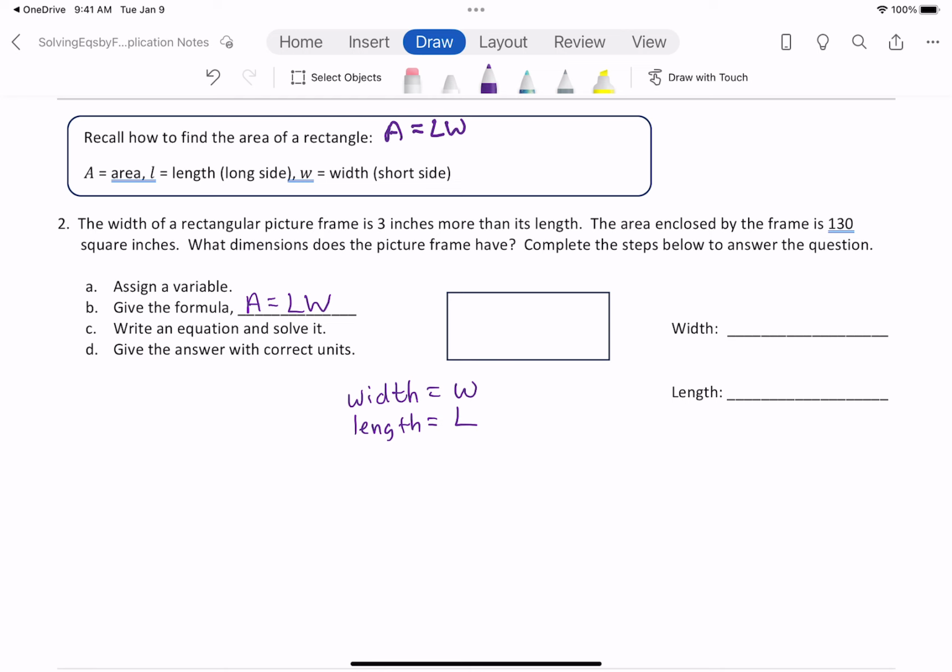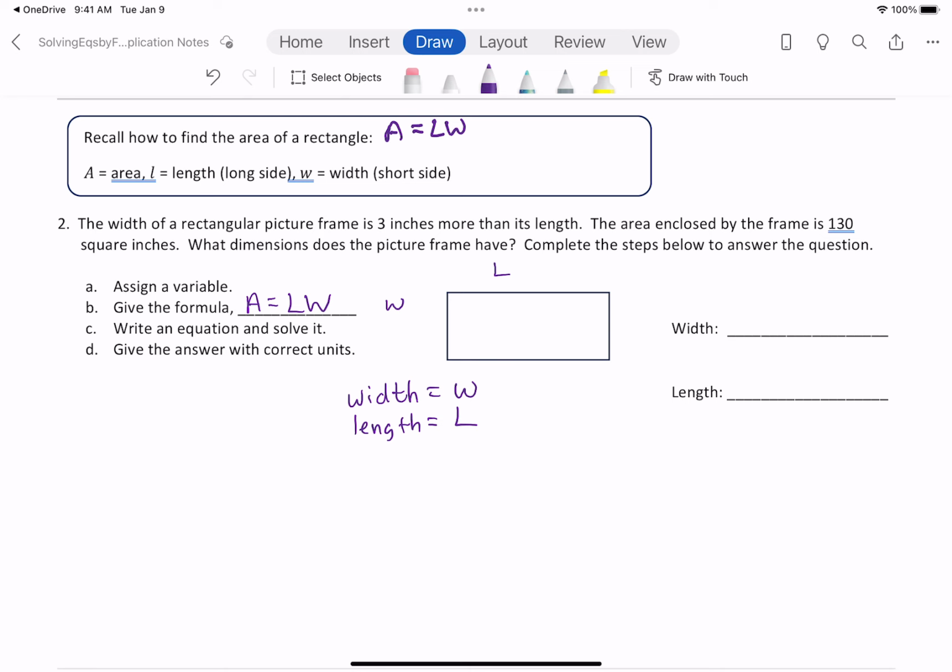So of course for that part we need to determine what we know and where it needs to be substituted. So remember from what we just talked about, the width is the short side. So this one is going to be W, and L is the long side. This is L. And let's see what it says.